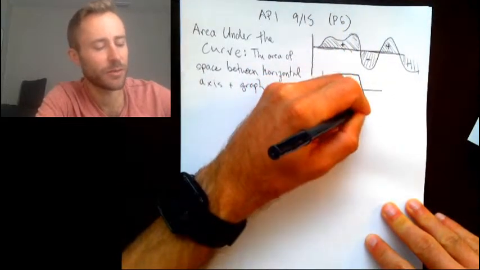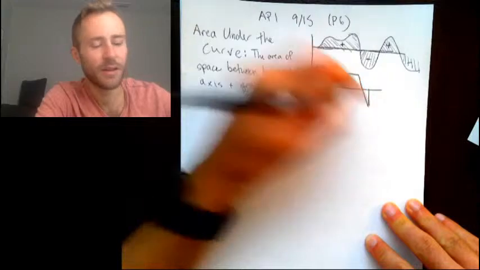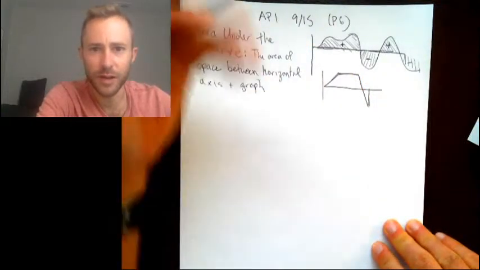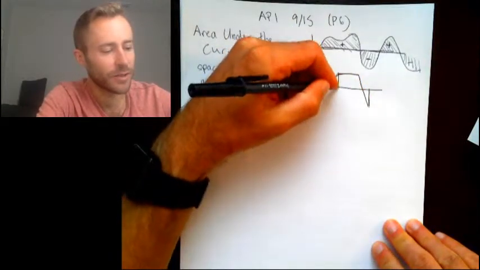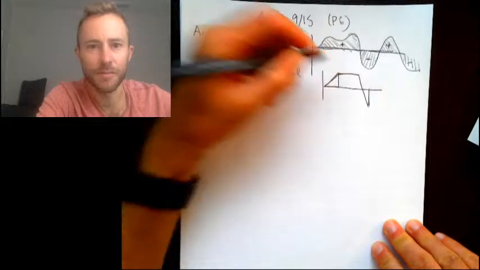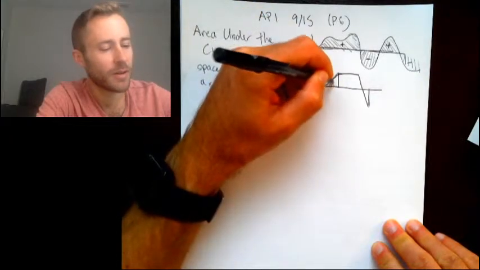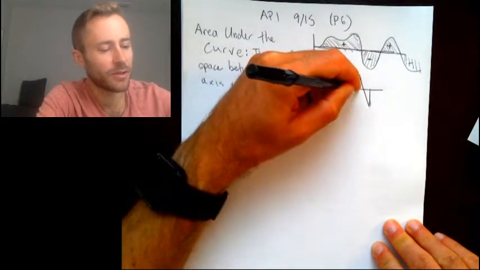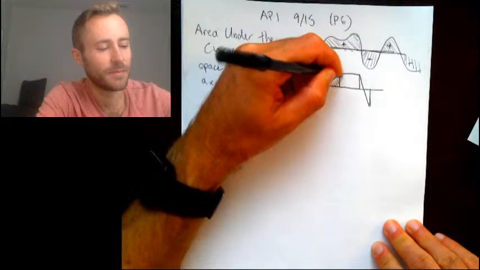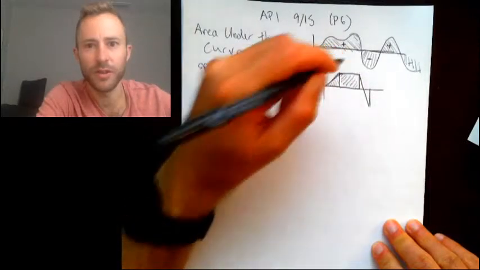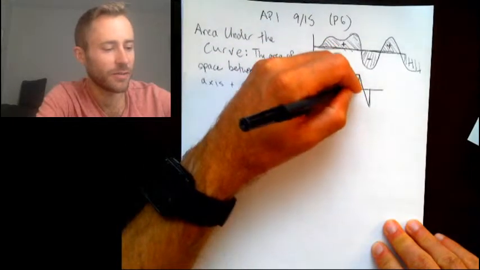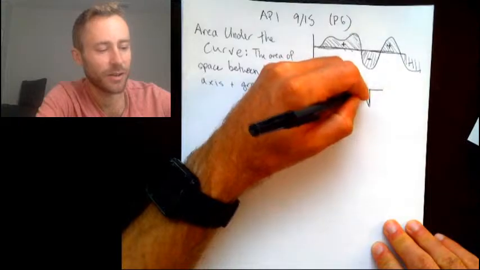So for example, if it were something like this, you could think about this area under the curve as the area of this triangle, okay, plus the area of this rectangle, plus the area of that triangle, minus the area of this triangle.